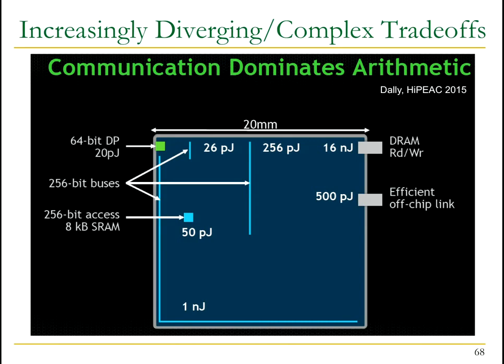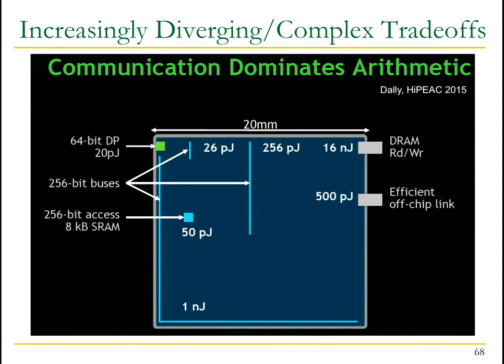64-bit double precision floating point, 20 picojoules. A DRAM access, a memory access, 16 nanojoules. Now, if you do the calculation, pico to nano, that's 3 orders of magnitude difference. This is 3 orders of magnitude more expensive.